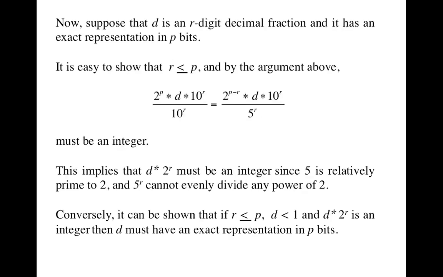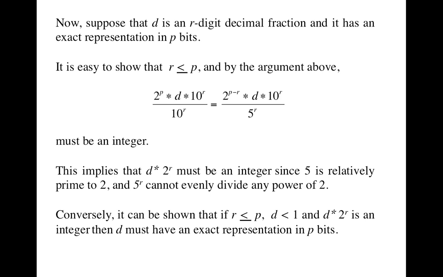Now let's say that we make this a little more specific and look at d not as some arbitrary number, without specifying its number of digits. Let's just make it specific and say that this d that we want to represent in p bits is an r-digit decimal fraction.